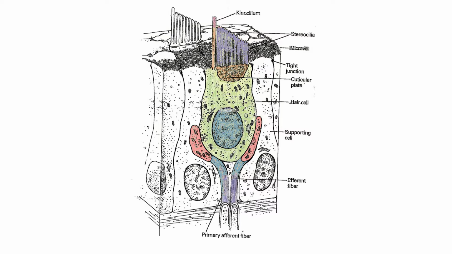The way that this system works is that the kinocilium serves as the reference point. If the stereocilia bend toward the kinocilium based on fluid movement, this cell will depolarize. But if these stereocilia move away from the kinocilium, we will get a hyperpolarization of the hair cell.